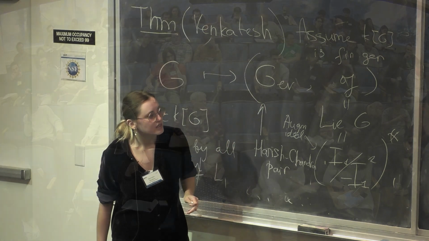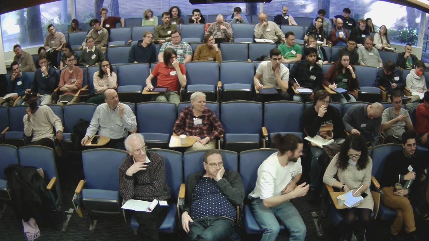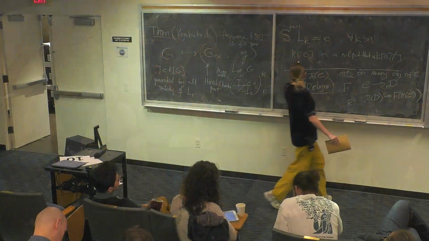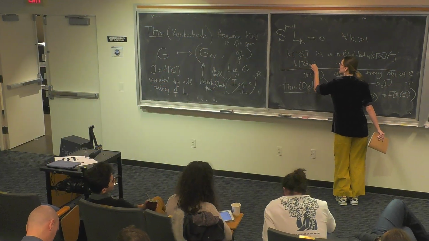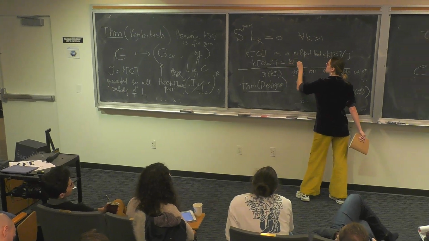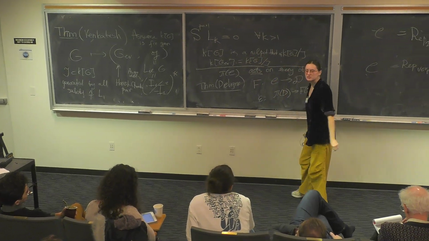The even part is represented by... Yes, sorry, I did not write it. You're right. So K of G even is K of G quotient by J. Thank you. Yes.